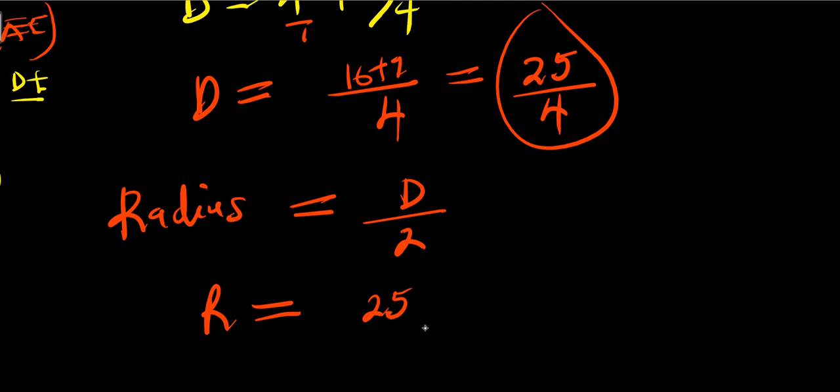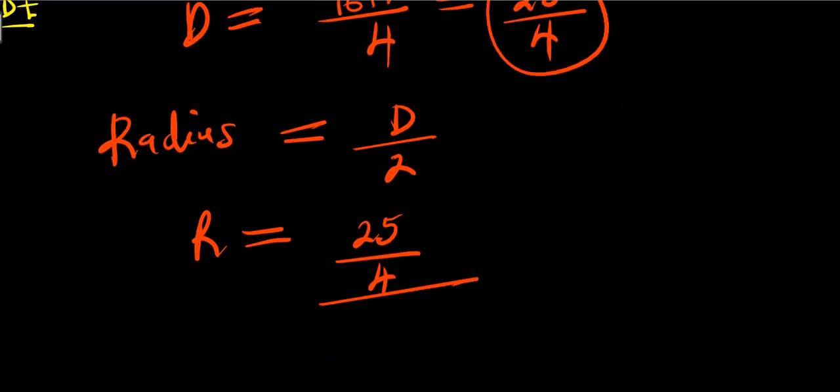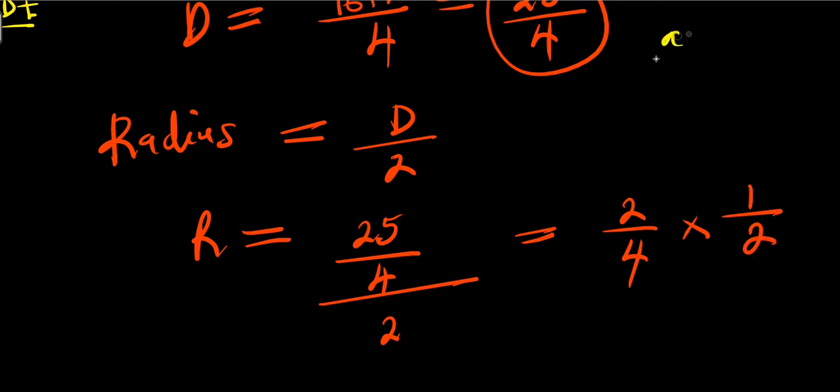So right now we have our radius. Radius is 25/4 divided by 2. So this equals 25/4 times 1/2. Remember, if you have A over B over C over D, this equals A over B times D over C. Because this is over 1, so the 1 comes up and this divided.